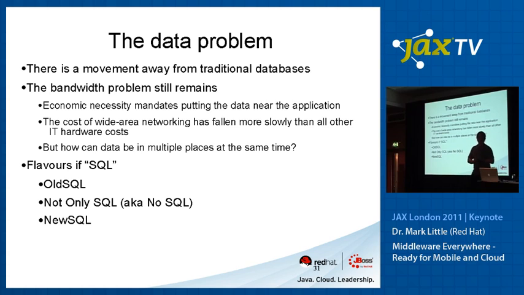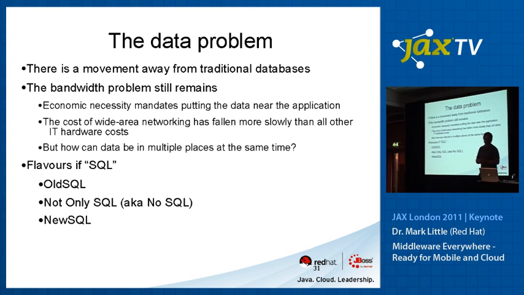Even when we saw the announcement from Oracle at JavaOne about an entry into NoSQL, they are kind of admitting that they need to have an offering there. And I learned yesterday that IBM are doing the same thing with DB2. So there has been this move away from traditional, what you might call SQL-based databases, to other alternatives.